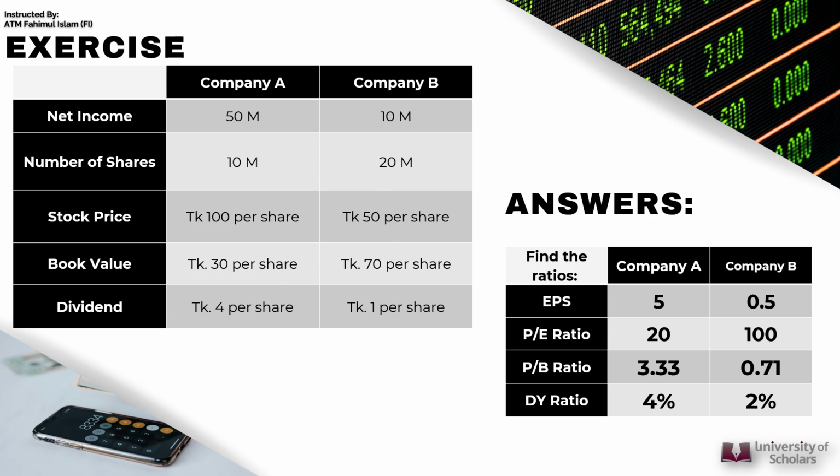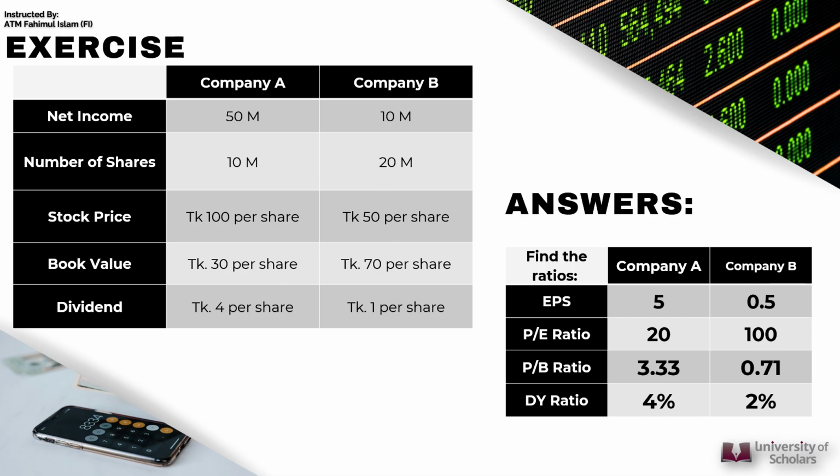Whereas the investors of company B are willing to pay 100 taka for every 1 taka of the company's earnings, suggesting that the investors have lower expectations of future growth or have concern about the company's financial performance.